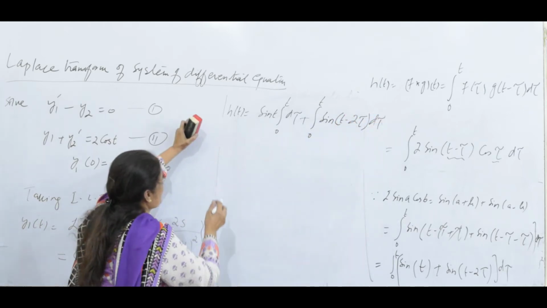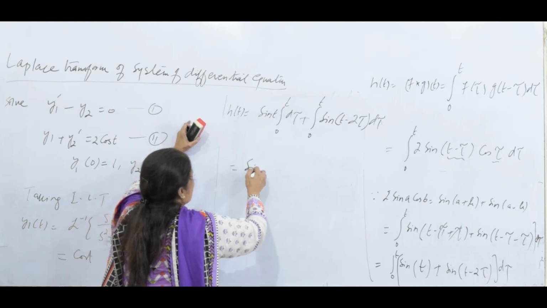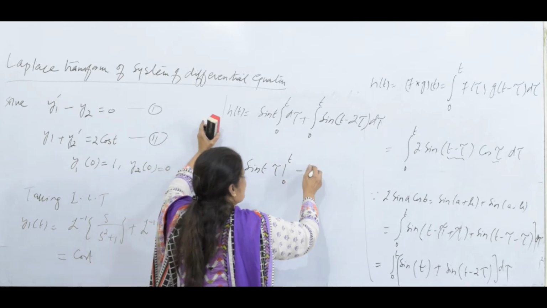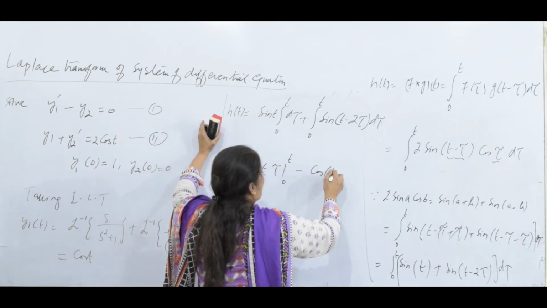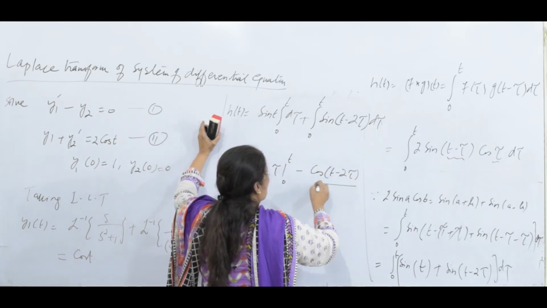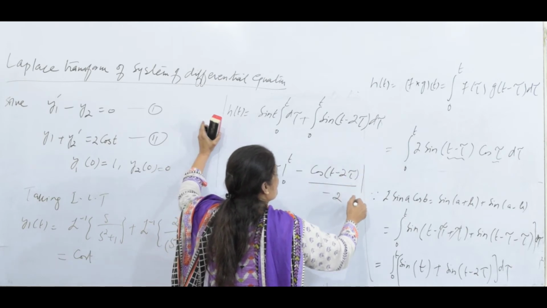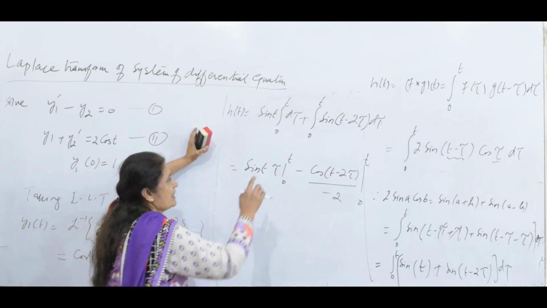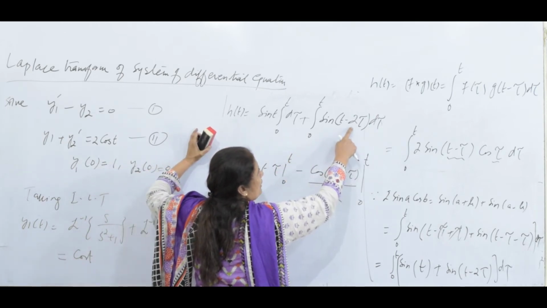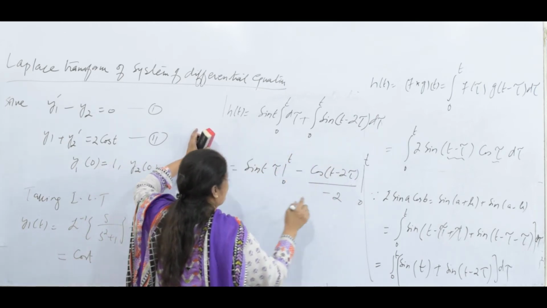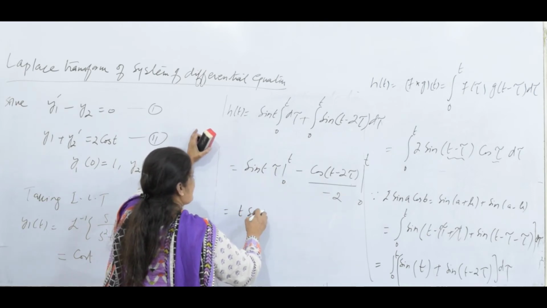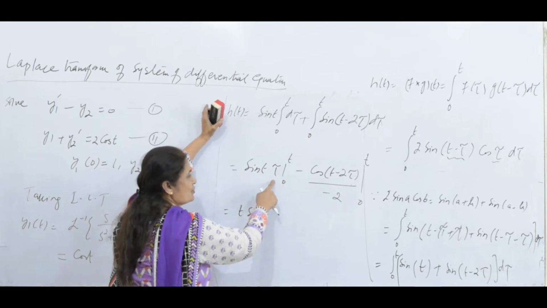This is going to be, let me integrate. Sin t times tau from 0 to t, minus cos t minus 2 tau over minus 2, from 0 to t. Integral of sine is minus cos, and with respect to tau we are going to have minus 2 there. So here tau is replaced by t, sin t, and then 0 is there.